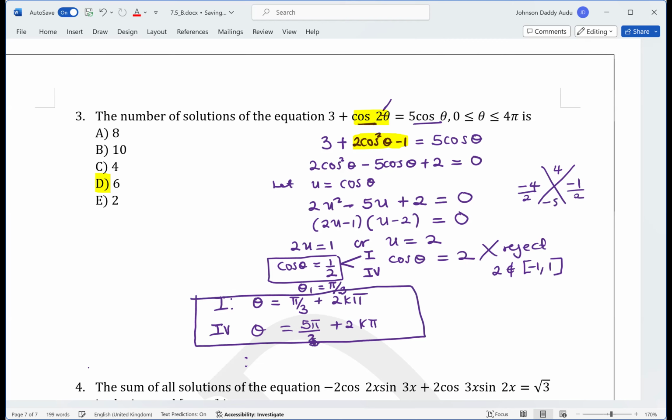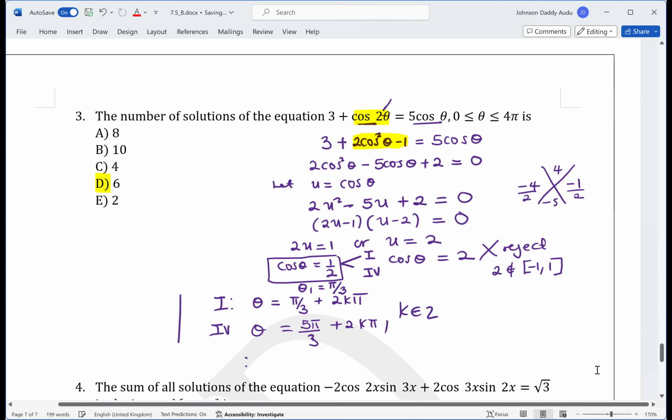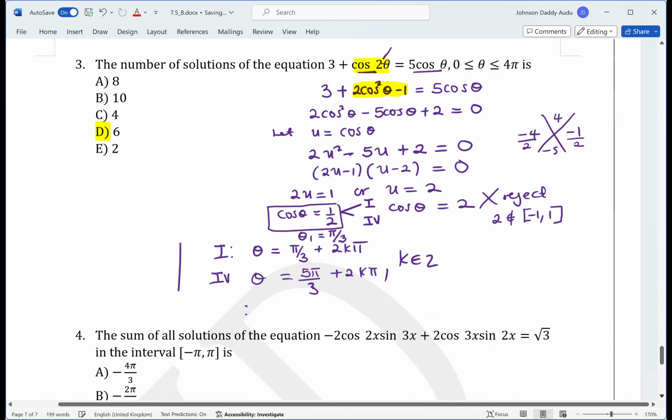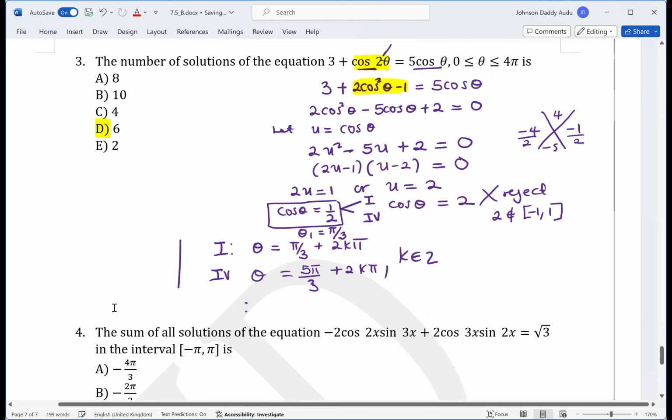But we know what k is, right? So k is just an integer. But also we have a range for the values of x. So we need to look at what are the possible values of k, starting from k equals 0.